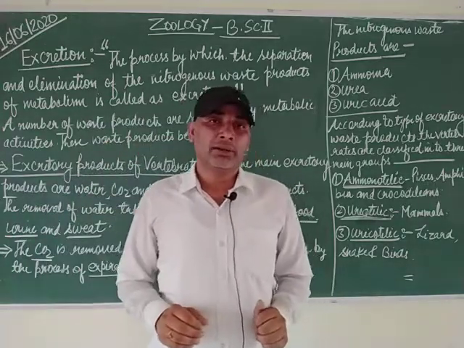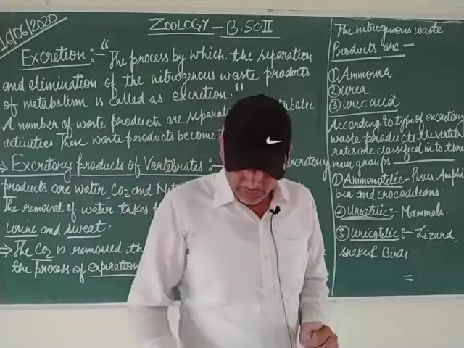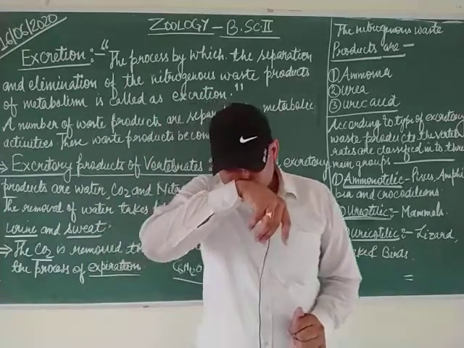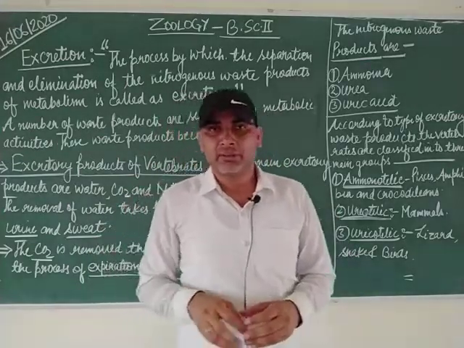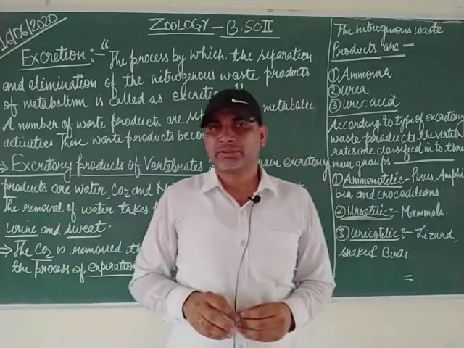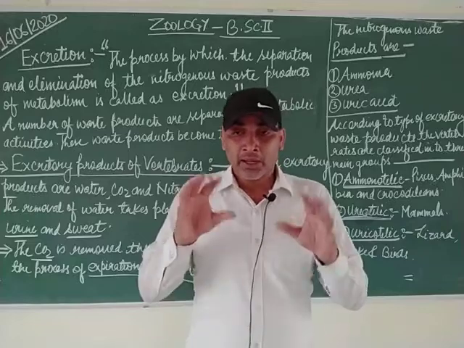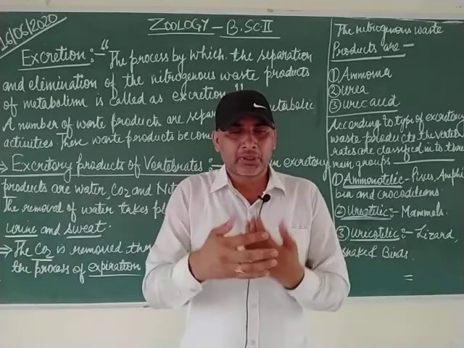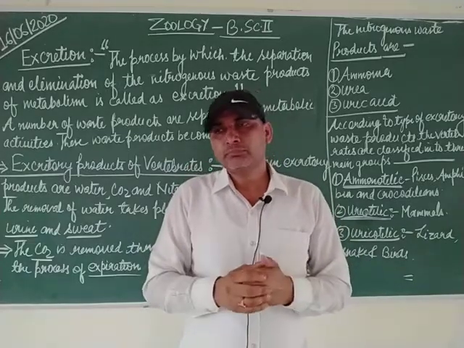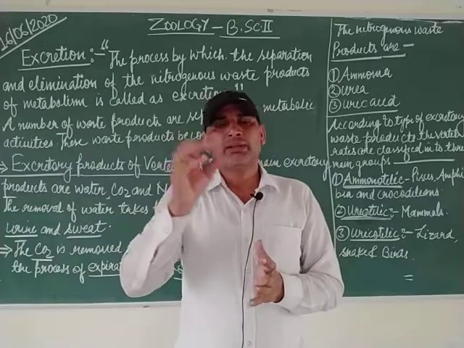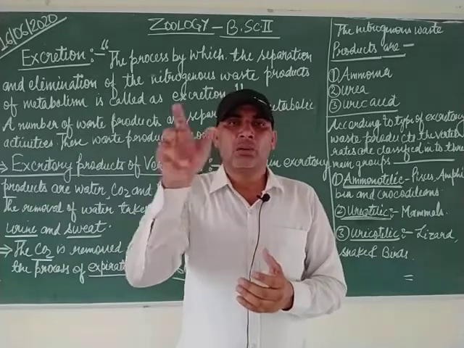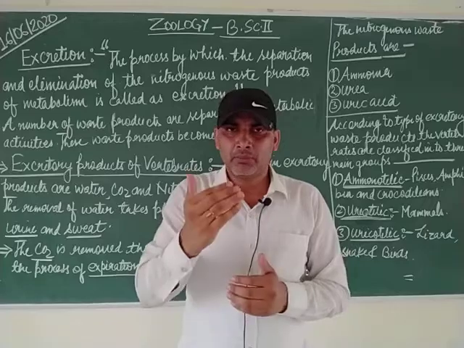Ammonia, urea and uric acid are toxic substances, but their concentration limits are different in different animals. First of all, we try to understand when urea, uric acid and ammonia are formed.